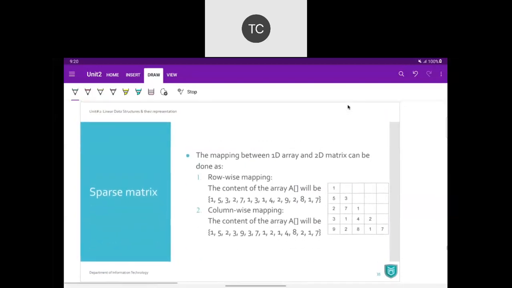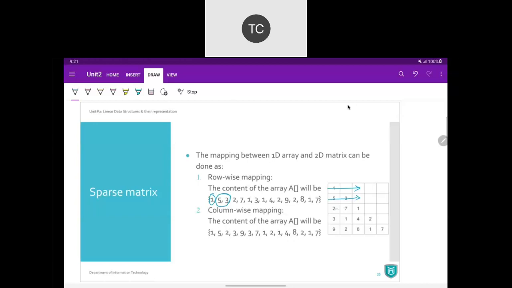So very simple one. When you have a 2D array, you consider each and every row one by one. You take your first row, you have data 1, so you have 1. Then you take your second row, you have 5 and 3, so next will be 5 and 3.